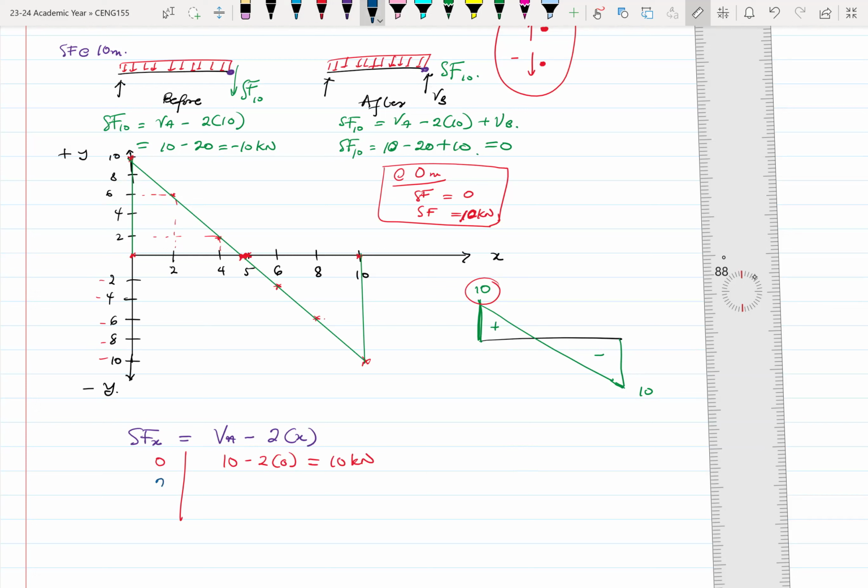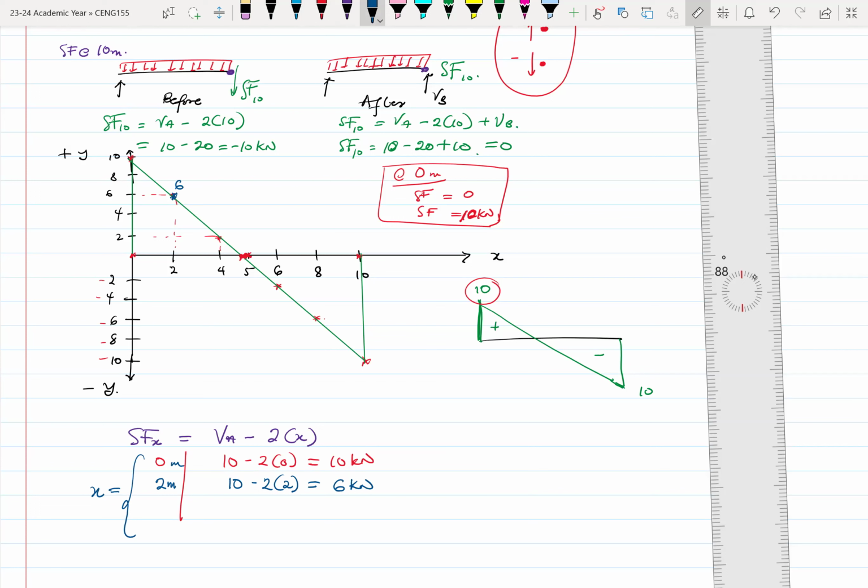Again, if X is 2, so these are the X values. If X is 2 meters, it becomes 10 minus 2 times 2, and that'll give us what? The 6 that we had earlier. So this 6 right here.